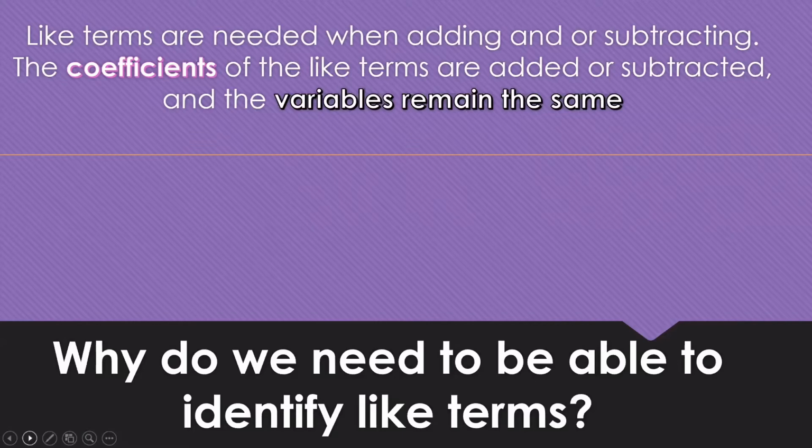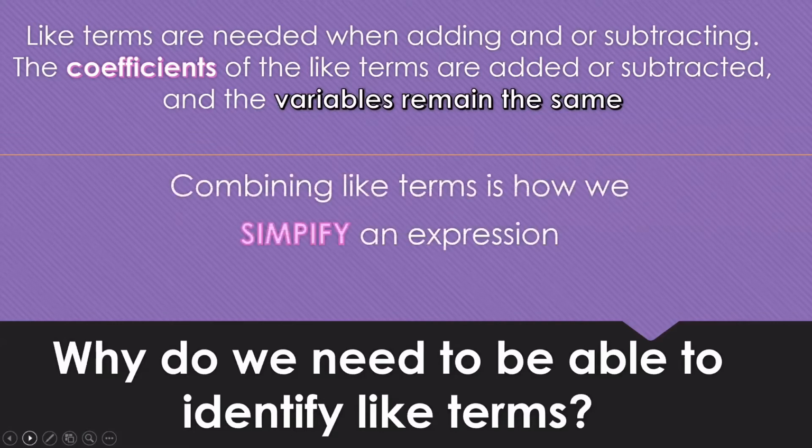So when we are simplifying, we look at the coefficients and add or subtract them, but the variable is going to stay the same. So combining like terms, that's why. We're going to combine them in order to simplify. We want to get each like term down to one of each type. Then our expression is completely simplified.